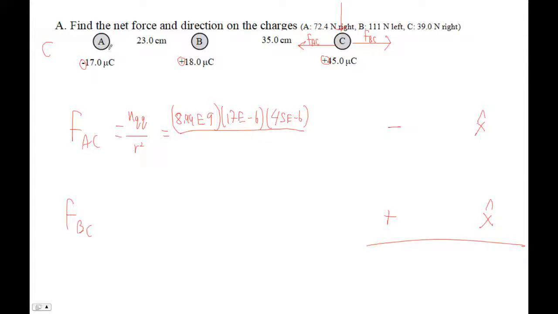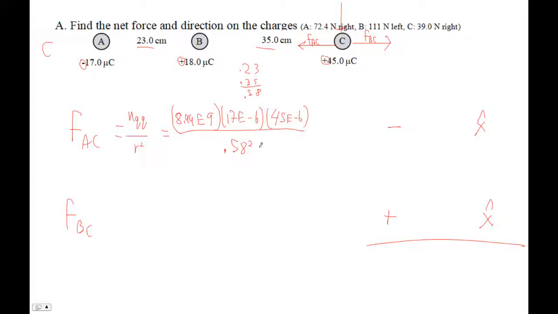And then the distance from A to C is, let's see, 0.23 plus 0.35. Is that 0.58? I think it is. So it's 0.58. That's where you just have to add this to this, right? Turn it into meters. Okay, so here we go.